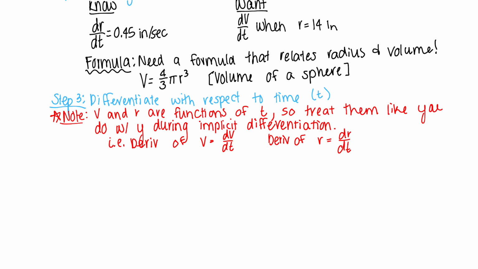So I'm going to start by writing my formula down. V equals 4/3 pi r cubed. And then I'm going to differentiate both sides of the equation with respect to t. d dt is an operator. It says take the derivative.